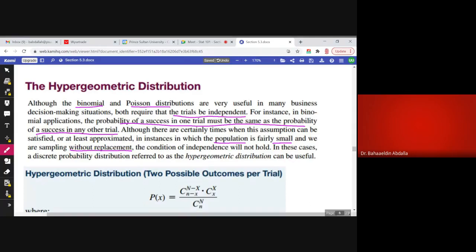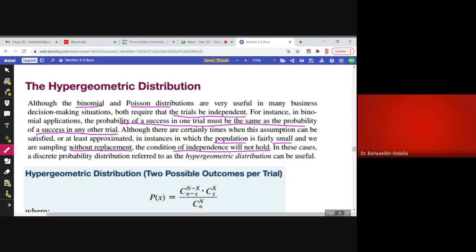But if we sample without replacement, then the condition of independence will not hold. So in this case, when the population size is small and the sampling is without replacement, we cannot use the binomial or the Poisson. So we need another distribution, and that's the hypergeometric distribution.